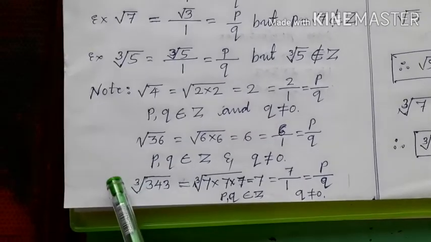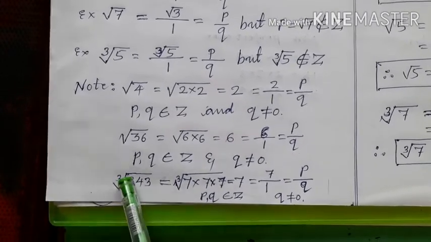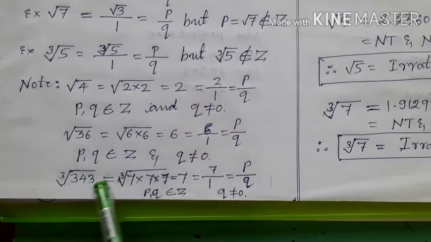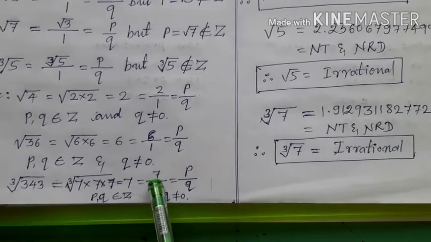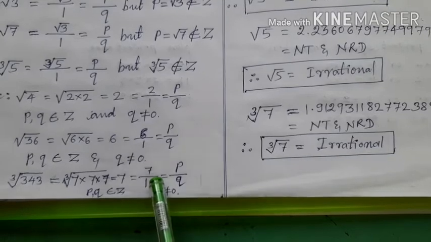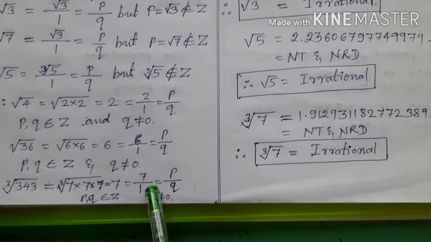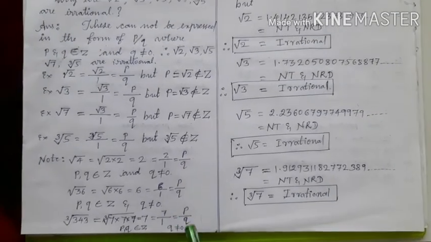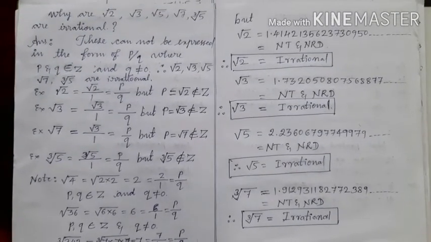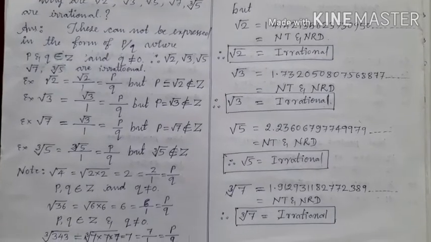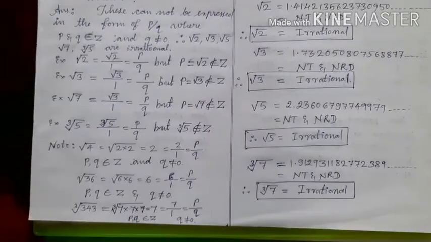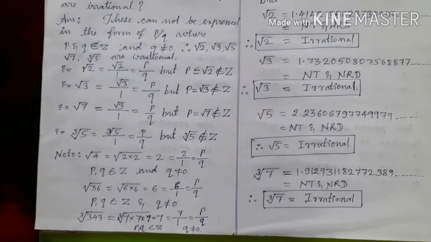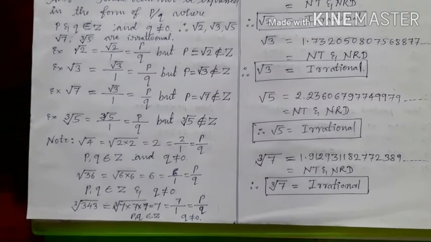But here also we have written a number under the cube root mark, but the cube root of this number is not non-terminating and non-repeating. Okay? It is a rational number. Is it clear? So we conclude that all numbers written under the square root or cube root will not be irrational. There are some numbers which, when written under the square root or cube root mark, have rational values.